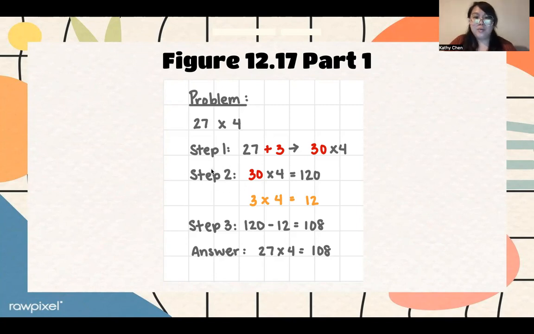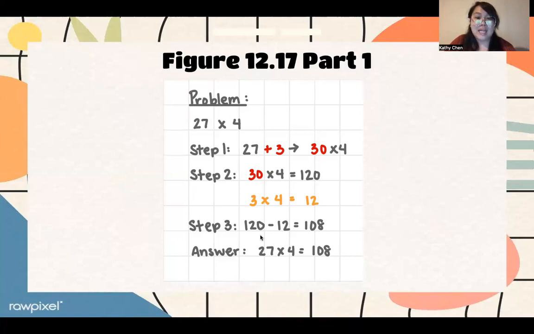In step 2, that's exactly what they did. 30 times 4, which gave them 120. They then multiplied 3 times 4, which gave them 12. Because their 120 is 12 more than the actual answer for 27 times 4.